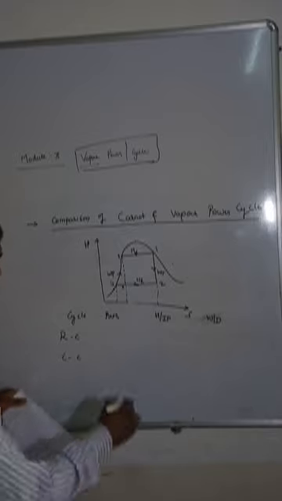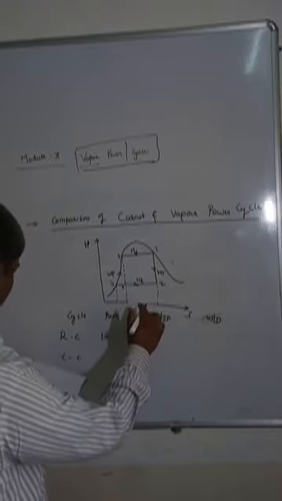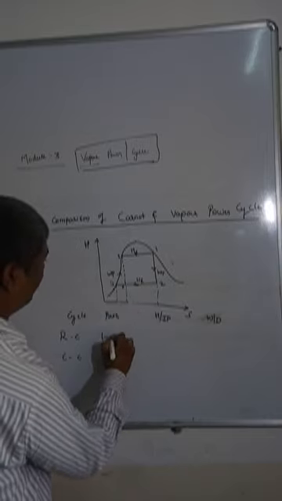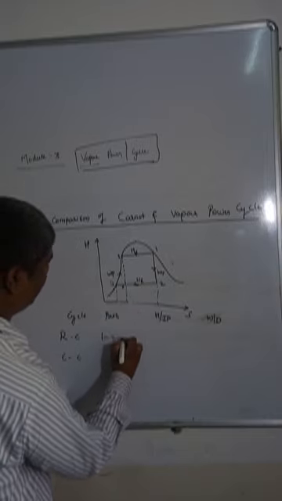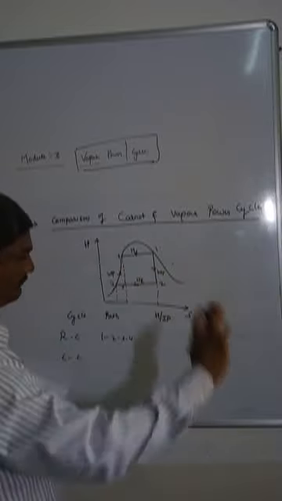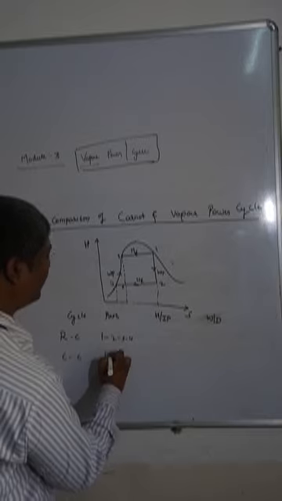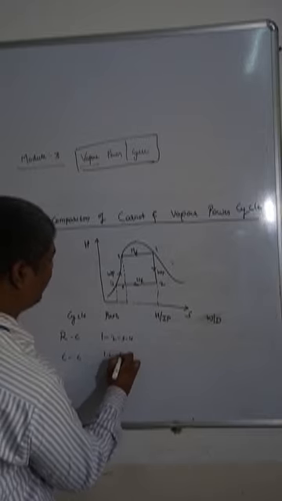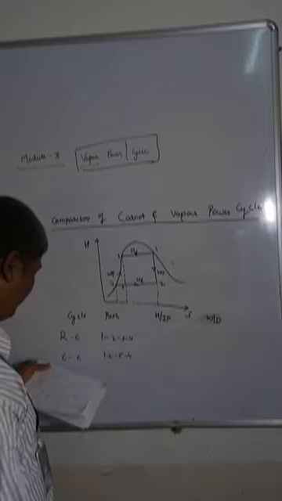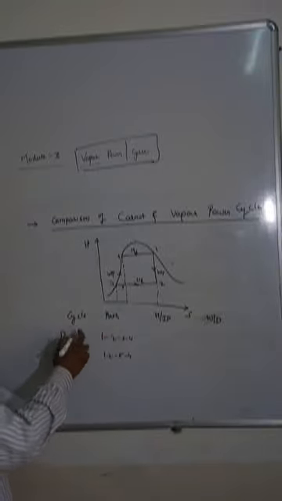What is Rankine cycle? 1, 2, 3, 4 is the Rankine cycle. What is Carnot cycle? 1, 2, 5, 4 is this path, and this is the Rankine cycle, this is the Carnot cycle.